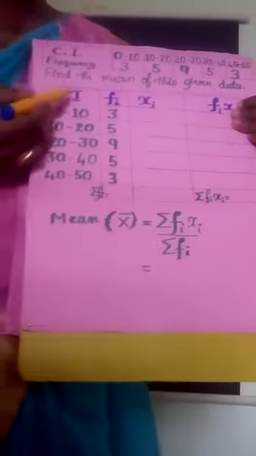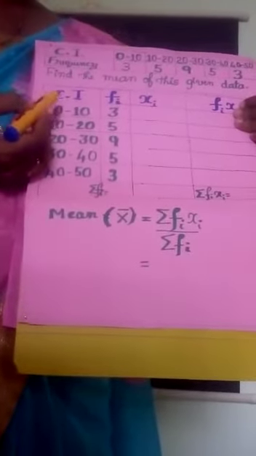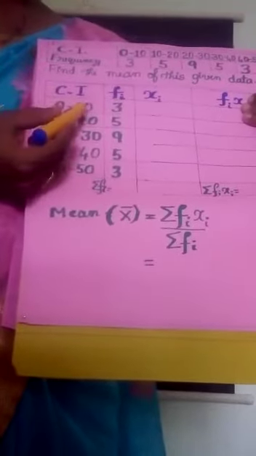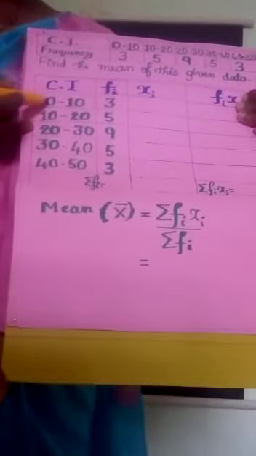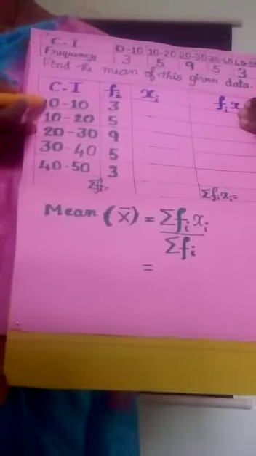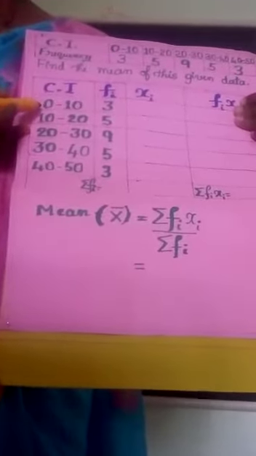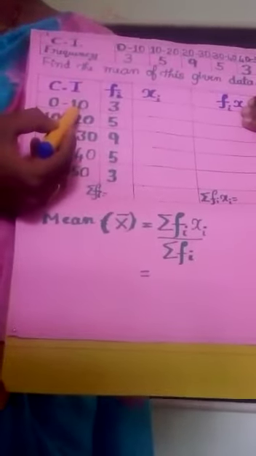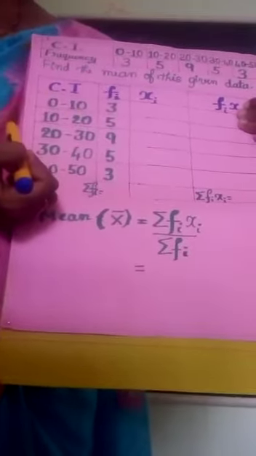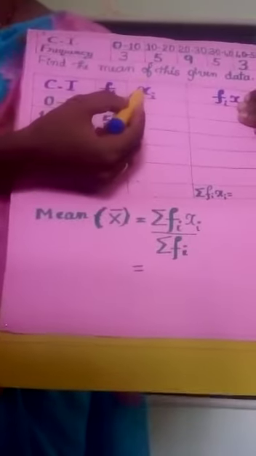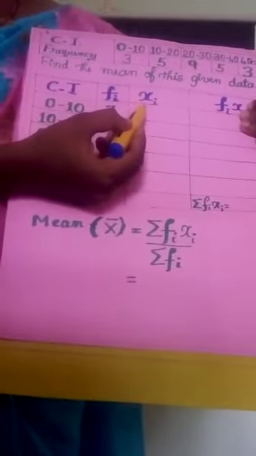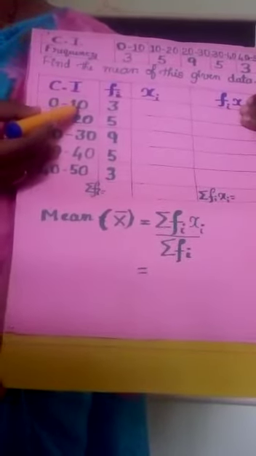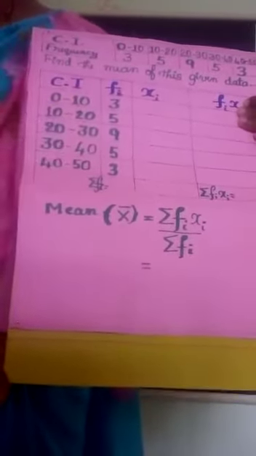So here, in the given class interval there are 2 data. One is 0, one is 10. In this, 0 is called the lower limit of the class interval and 10 is the upper limit. To find the class mark, that is xi, you have to add the lower limit and upper limit and divide by 2.